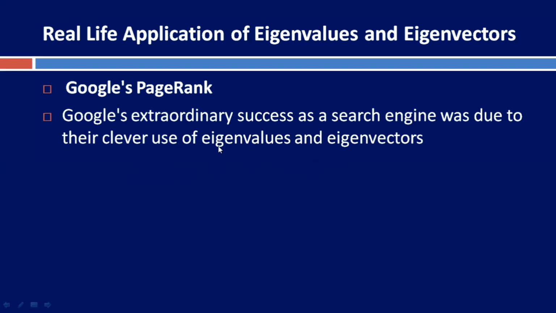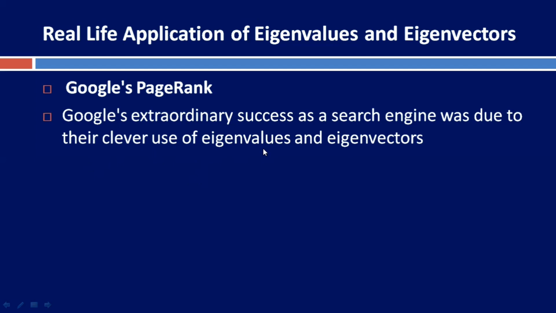Whichever topic you search, the results include that topic, and the best matching pages, PDF files and other links appear at the top of the search list. This is the clever use of eigenvalues and eigenvectors.